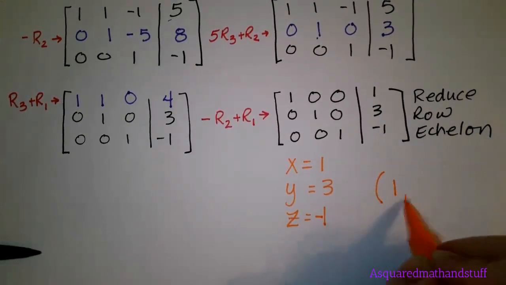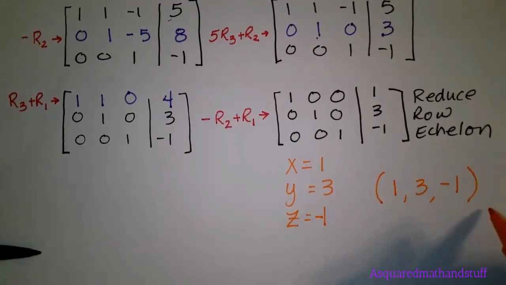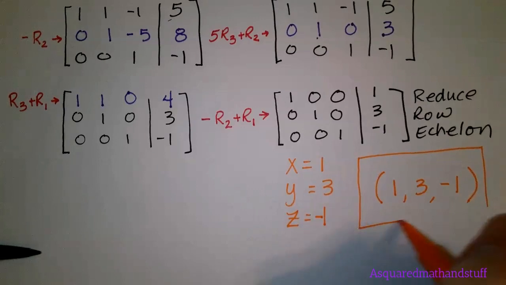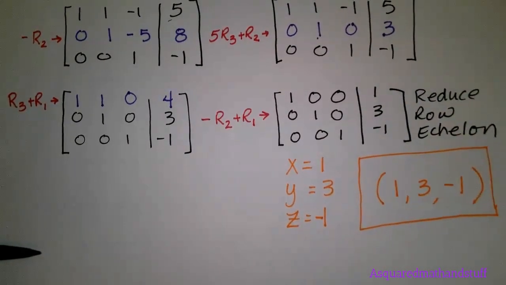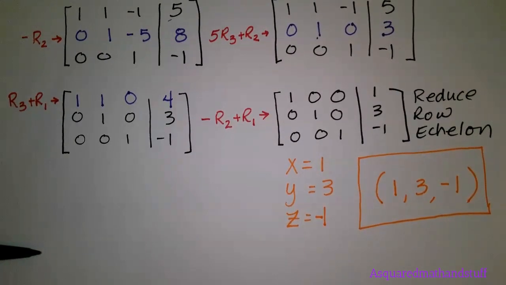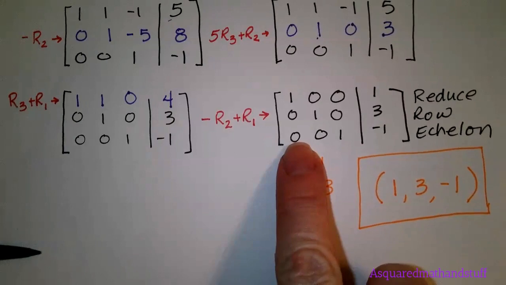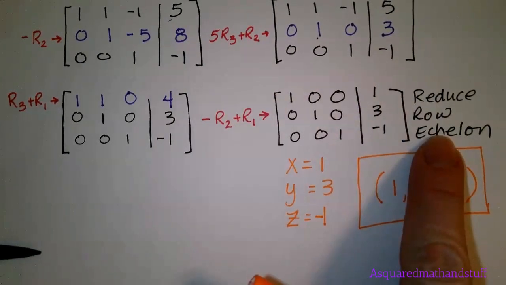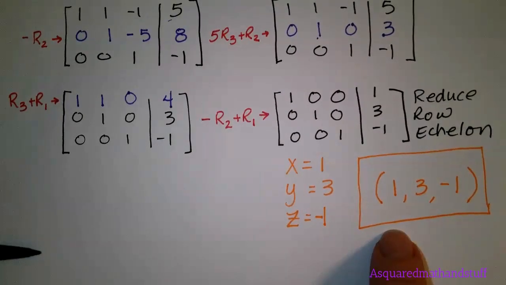We end up with 1, 3, -1. And ladies and gentlemen, that is your final answer. So what you just did is you just saw how to solve a 3x3 matrix using Gauss-Jordan elimination. We got it all the way down to reduced row echelon form. We got our final answer.